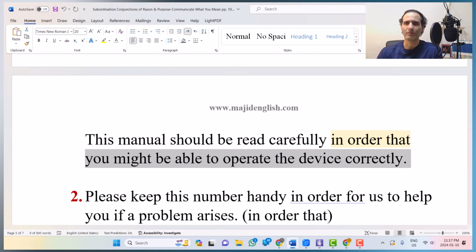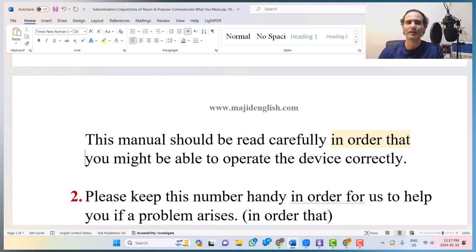So 2 points here. Number 1, after in order that, we need an independent clause. And because it is in order that, we use the formal form, might. And another point here, this manual should be PP. Read, read, read. This is the PP. Should be read, passive voice. Okay, good.